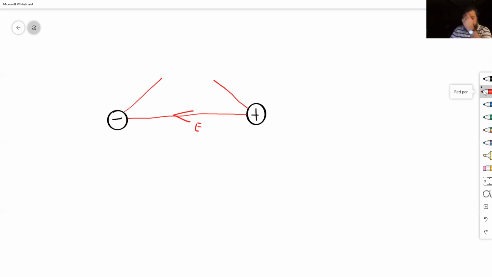Okay, maybe we need to analyze this a little bit better. Let me not go too fast. Now, remember those arrows? So imagine a point right there. Now, think of the charges separately. Because of the negative charge, I will have a vector that points this way. But because of the positive charge, I will have a vector that points this way.